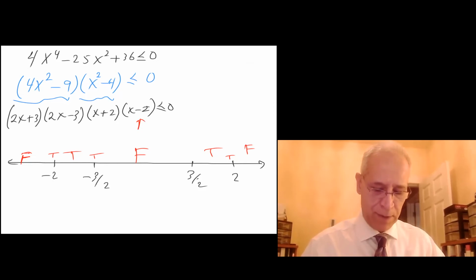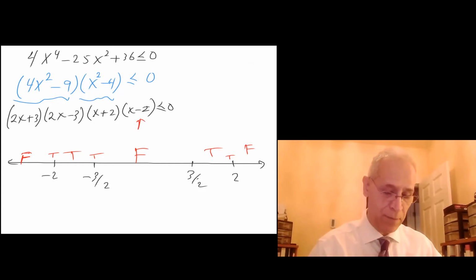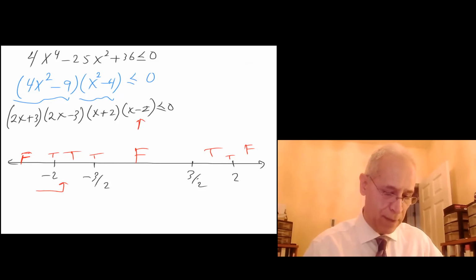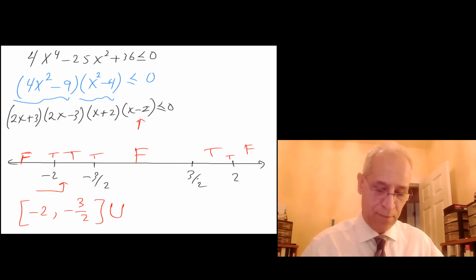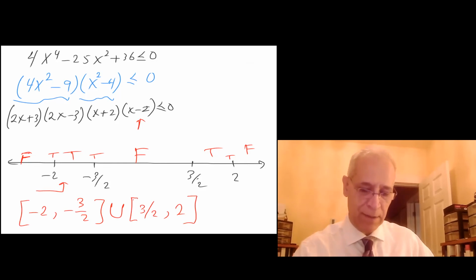So using interval notation, I know my answers are, from between −2 and −3/2. So −2 is included, −3/2 is included, together with from +3/2 to +2. Okay, and remember, how did I know that this 3/2 is included?